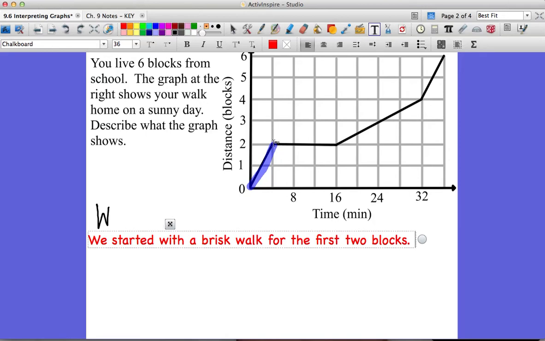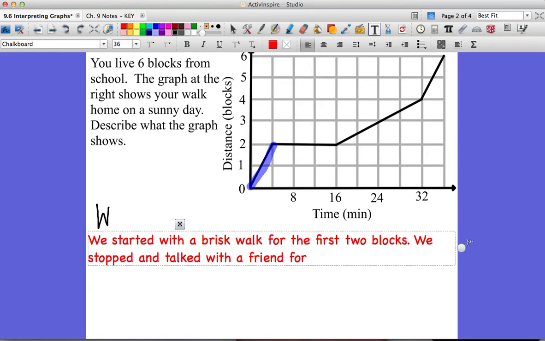Now, because our distance didn't change, we stayed in the same spot, so we must have stayed at a park or stopped at the library, something to that effect. But because it says your walk home on a sunny day, I would say that we stopped and ran into a friend. So we can say we stopped and talked with a friend and we can look here, we know it's 4.